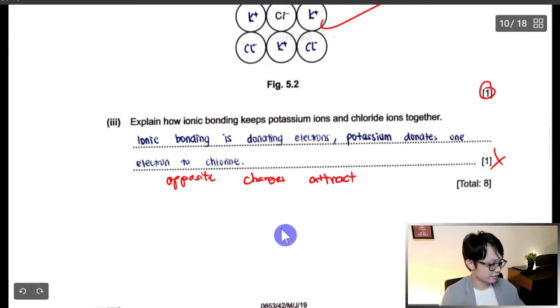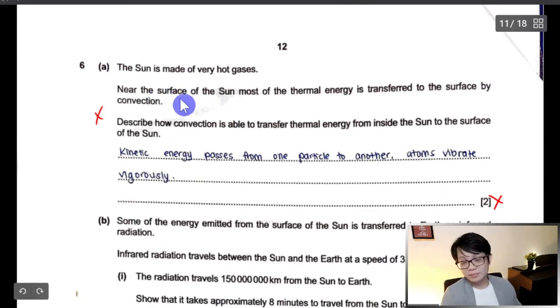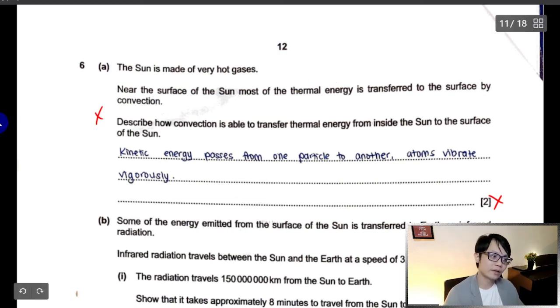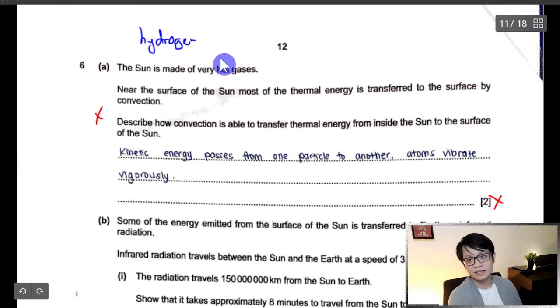Opposite charges attract. The sun is made out of very hot gas. So in the sun, there are only 2 gases. Usually it will be hydrogen. Where's my pen? Usually it's hydrogen. And you know that hydrogen has a proton number of 1.